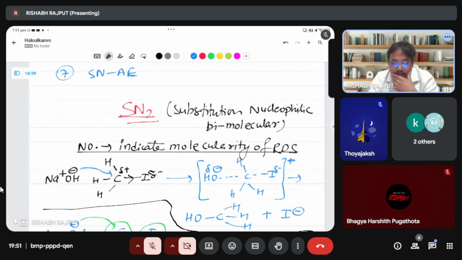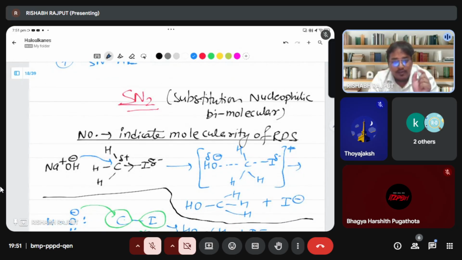What is the meaning of this? Here substitution will happen, a nucleophile will come, and because of the nucleophile the substitution reaction will happen. And bimolecular means that for the reaction, two molecules will collide to make the product. That is bimolecular.